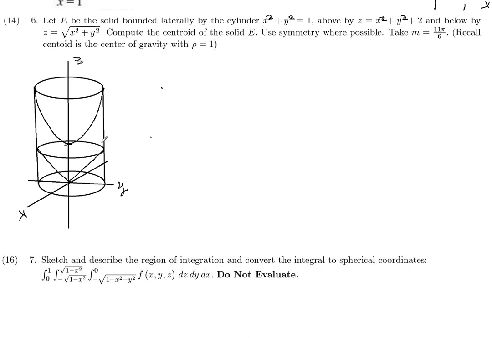So let's see here. First of all, I'm going to recall the formulas for centroid here. Well, actually, we want to use symmetry here where possible. And notice that if we take the plane x equals 0, which is this plane.